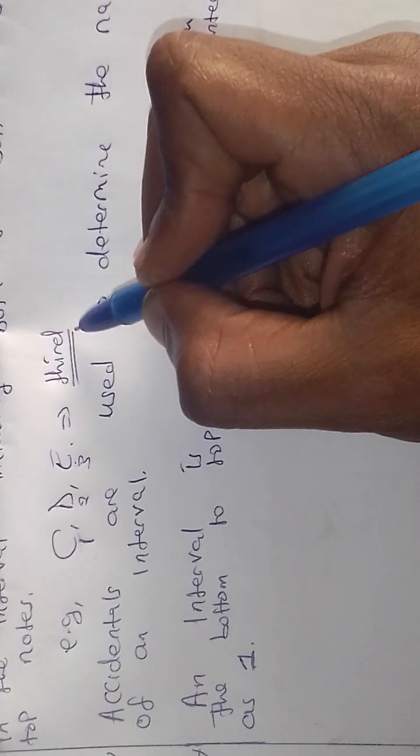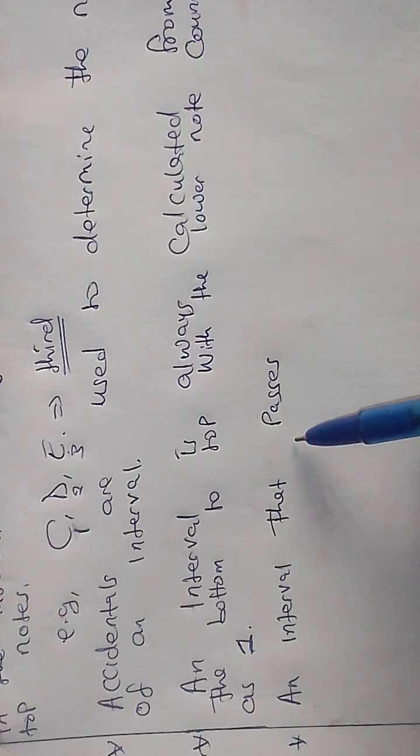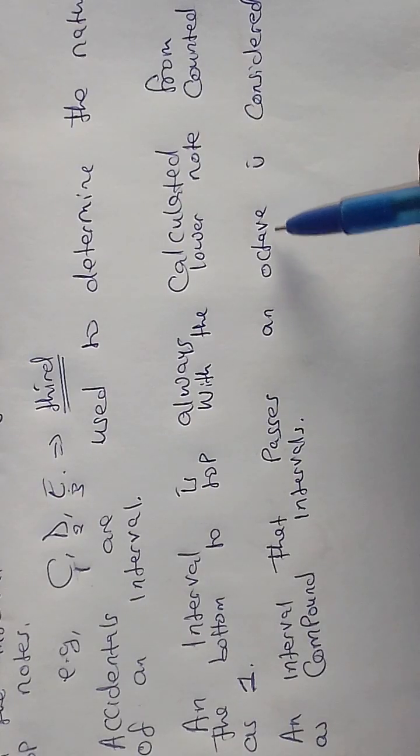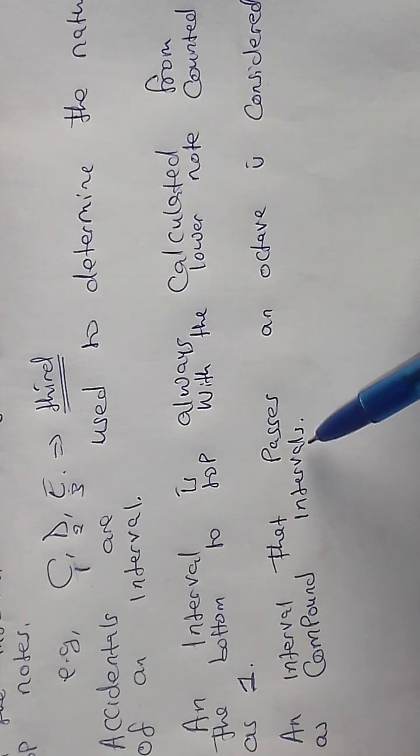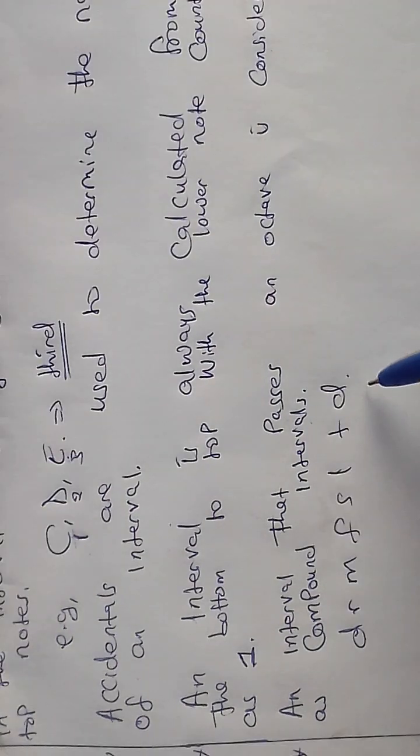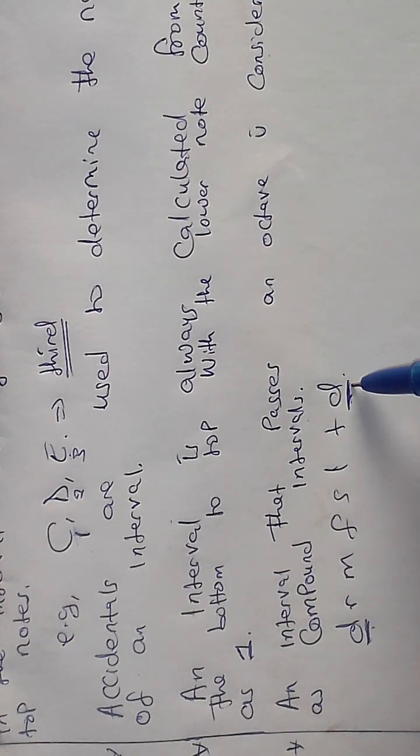An interval that passes an octave is considered a compound interval. Remember the solfege, do, re, mi, fa, sol, la, ti, do, forms an octave. An octave, as we had said much earlier, is composed of 8 notes, with the 8th note sounding exactly as the leading note, that is do.